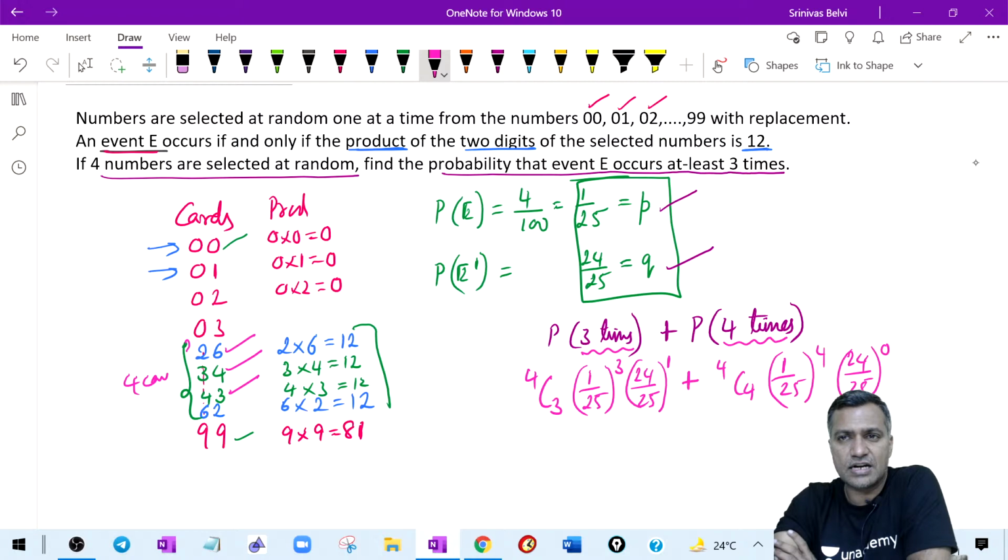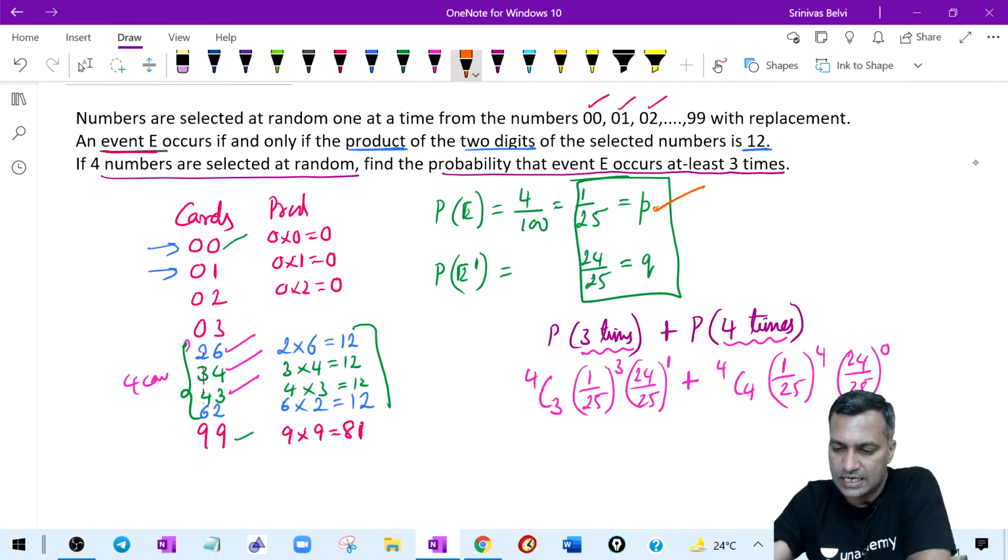Rishabh, it is not 100C4. It is about these particular 4 cards. If 4 numbers are selected, that probability of 100 is already taken care of in terms of P and Q. So you may wonder what happened to that 100.